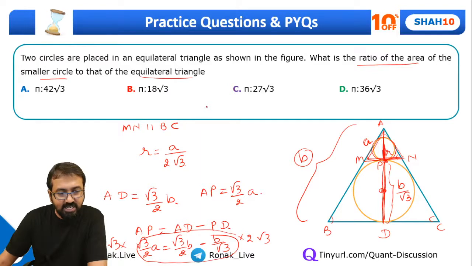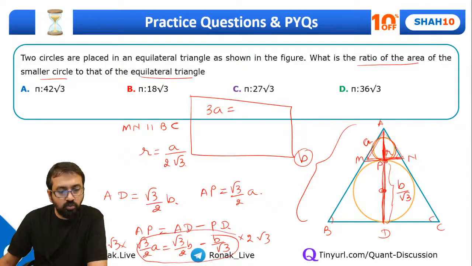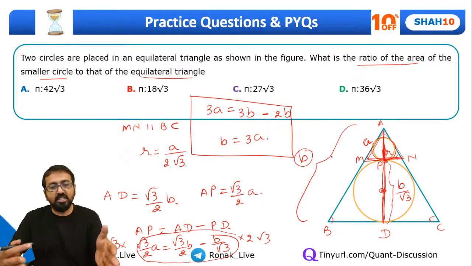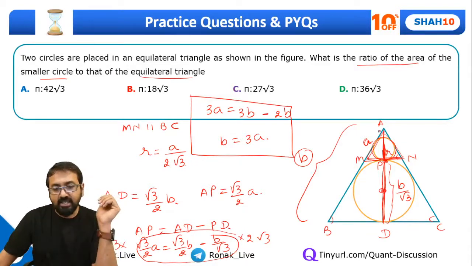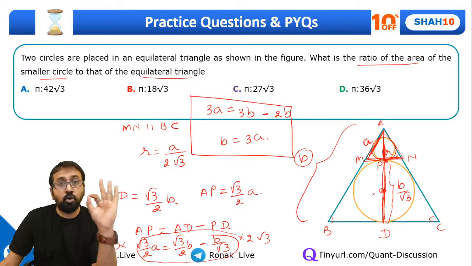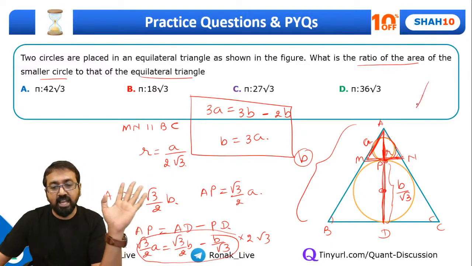I'll get 3a equal to 3b minus 2b, or b is equal to 3 times a. Are you getting this point? So this is what we had to prove, that this side of this triangle is 1/3 of the side of the complete triangle, and this will remain constant for any equilateral triangle that you take.